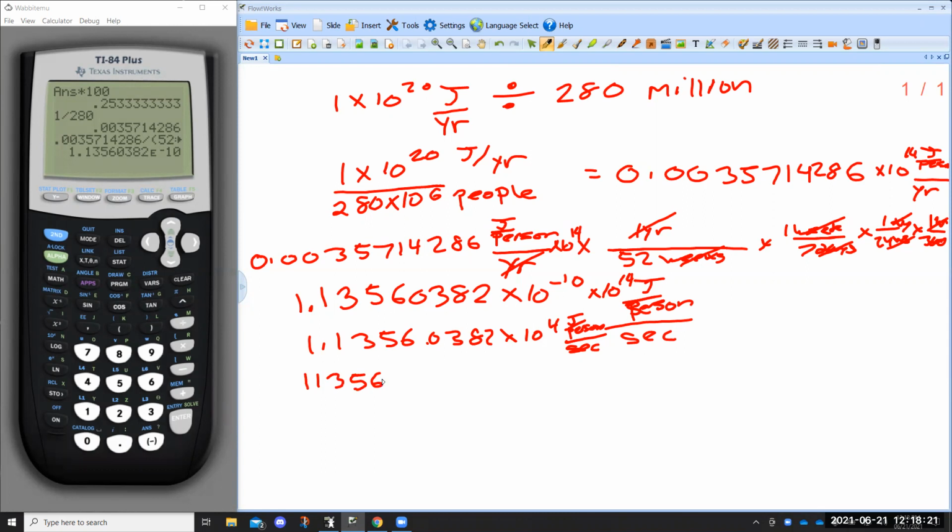I'm off by some rounding, is all that it is. It's the same answer. I think we're just off by mere decimal places here from rounding. So 11324.9 is what she has, joules per person per second.